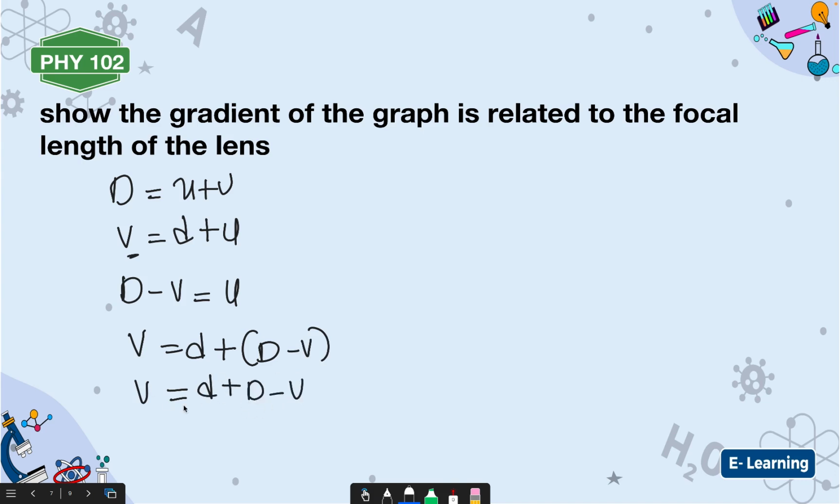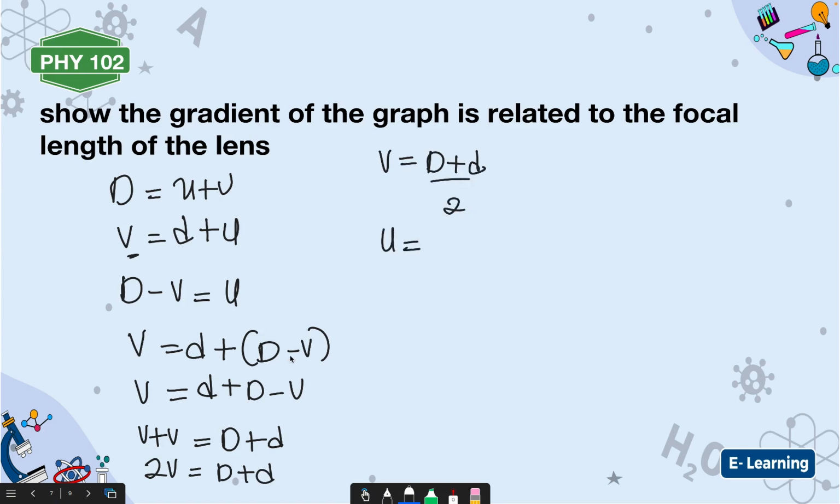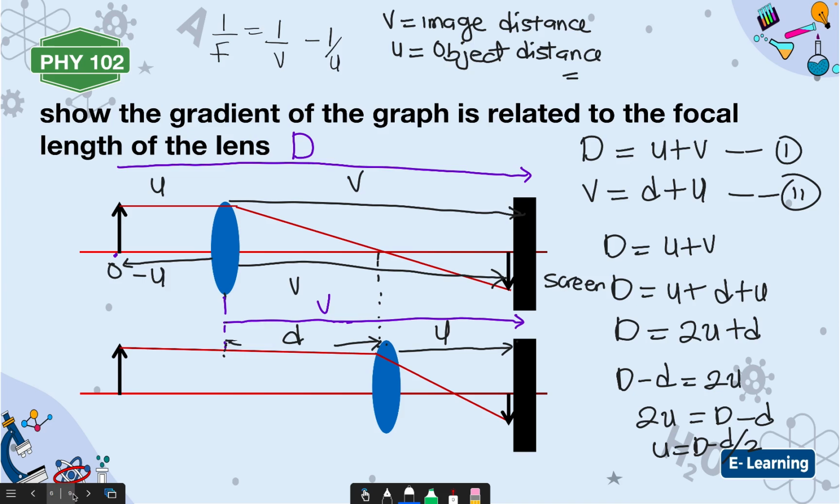Now at the end of the day, take this v to this side, become v plus v is what? D plus d, which is 2v is what? D plus d. So we can say that v is what? D plus d divided by 2, while u is what? D minus d divided by 2.